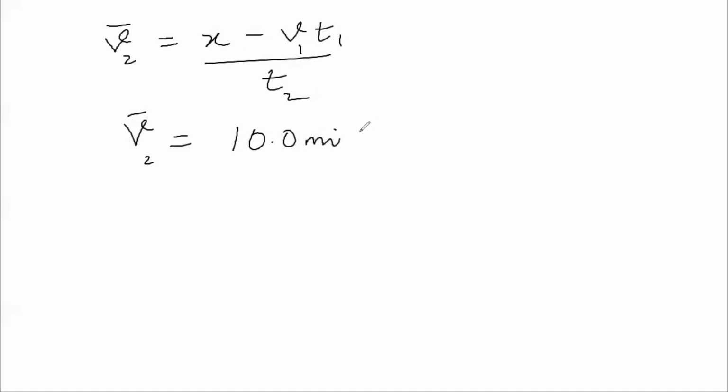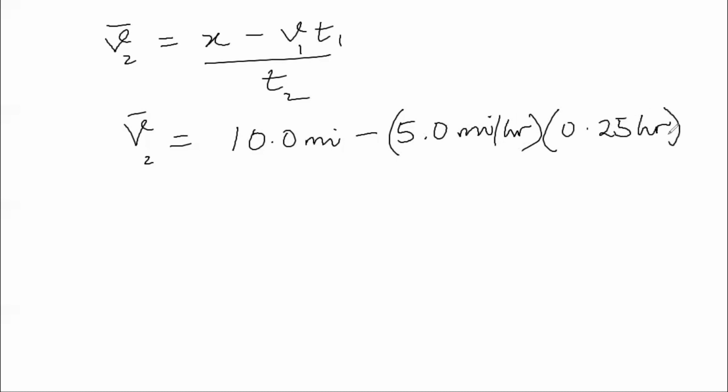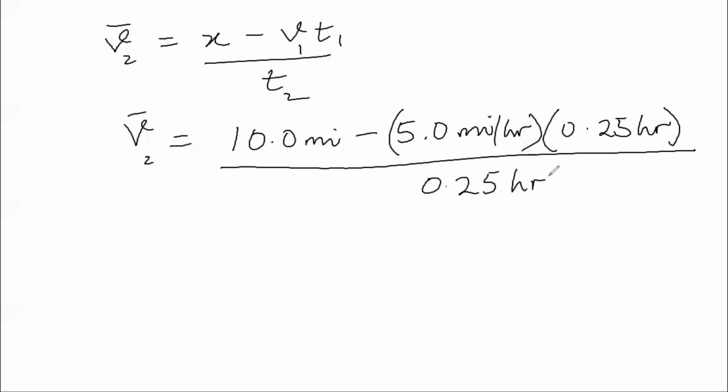And then what was V1? V1 was 5.0 miles per hour. So I must multiply this with the time, which is 0.25 hours, and then everything over T2, which is 0.25 hours.